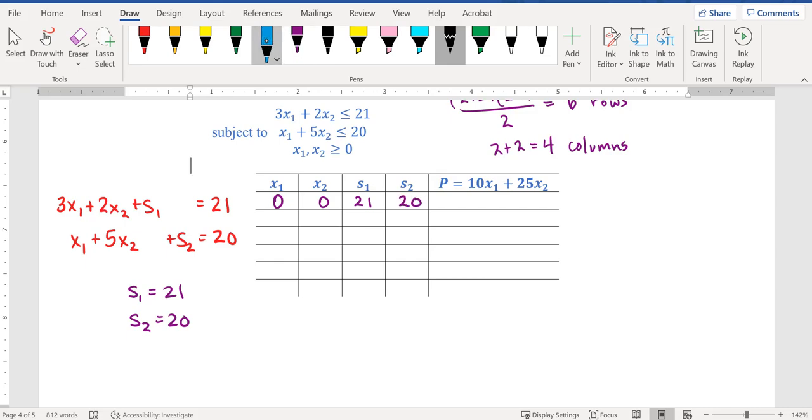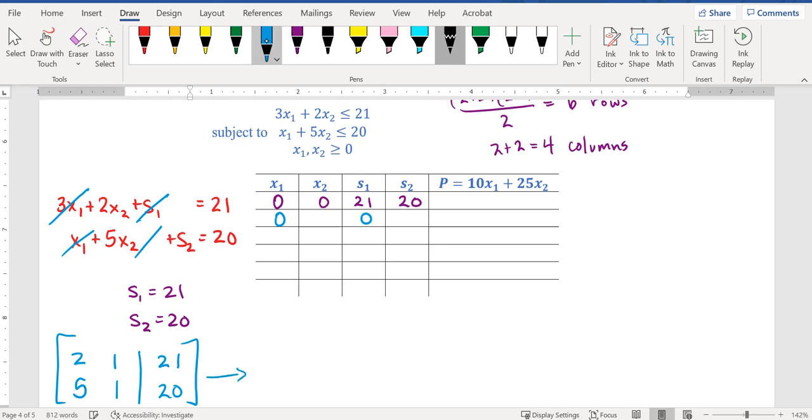Now let's go do x1 is 0, s1 is 0. So this time, those are gone. So I get 2, 1, 21, 5, oops, S1 is gone, not S2. 5, 1, 20.